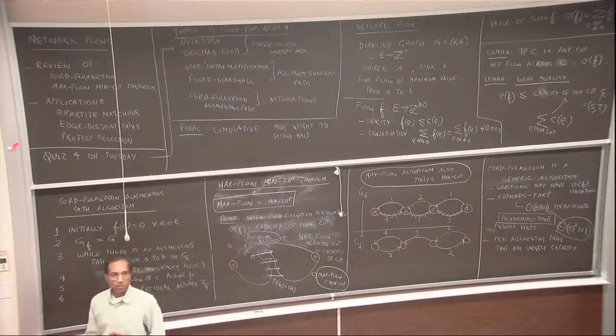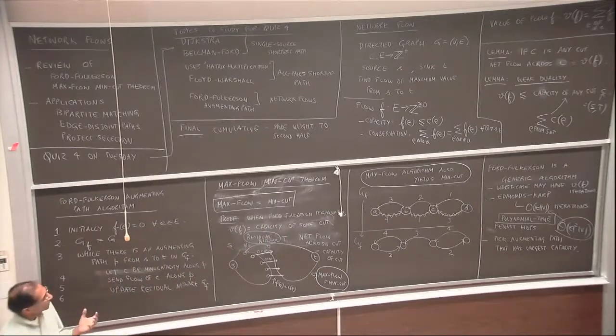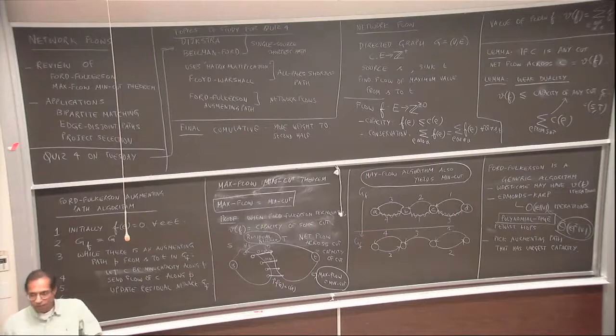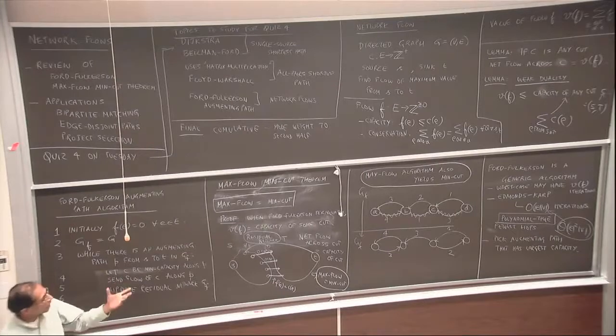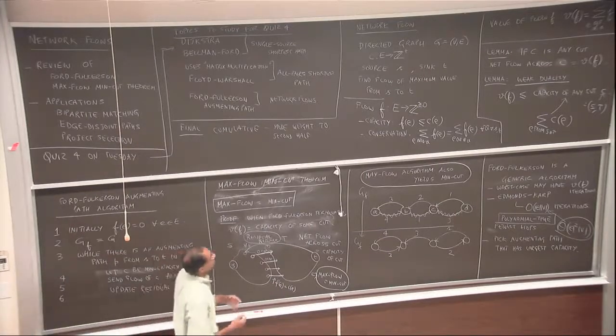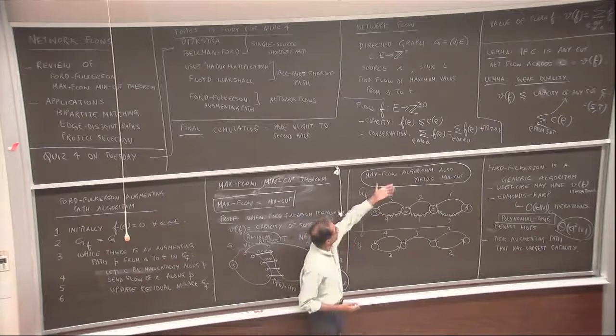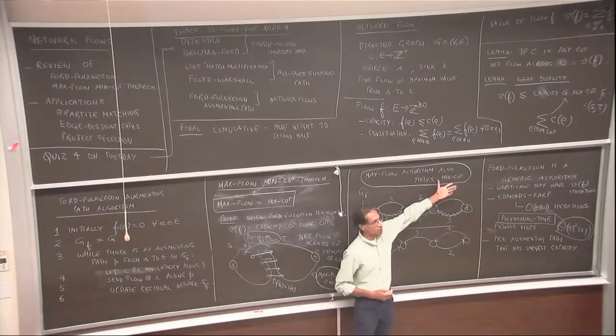Okay? This notion of maximizing something and minimizing something, they're actually very interesting duals of each other. The reason the term duality comes up here is that maximizing flow is basically equivalent to minimizing cuts.